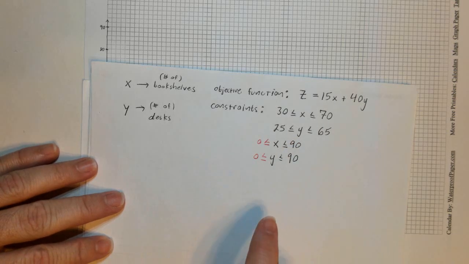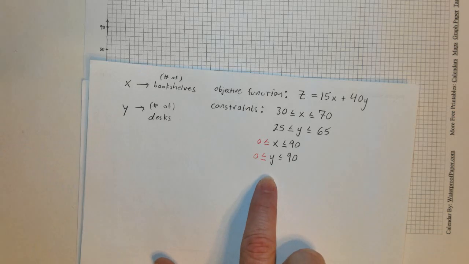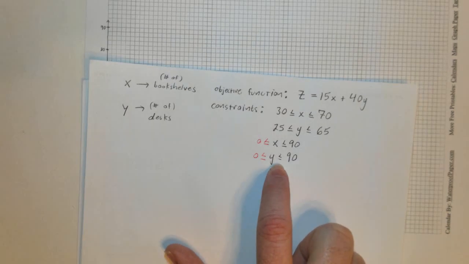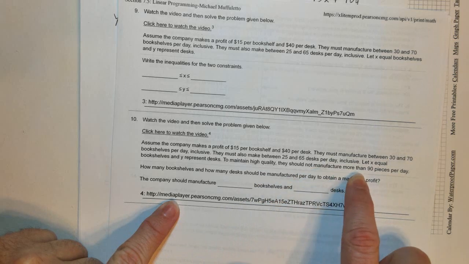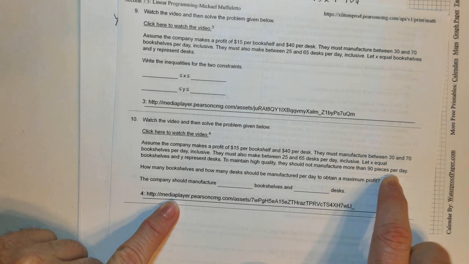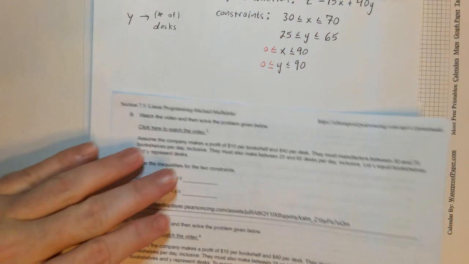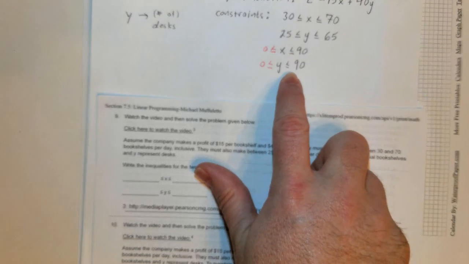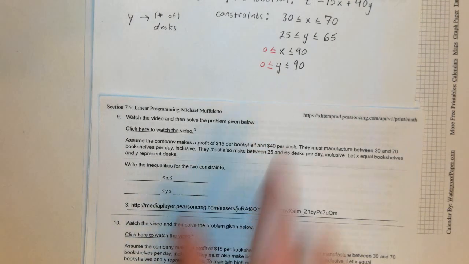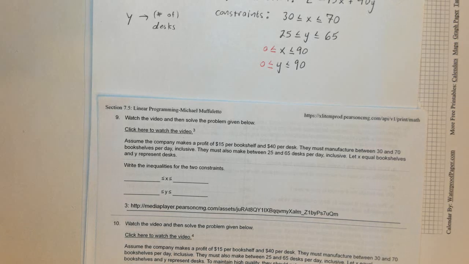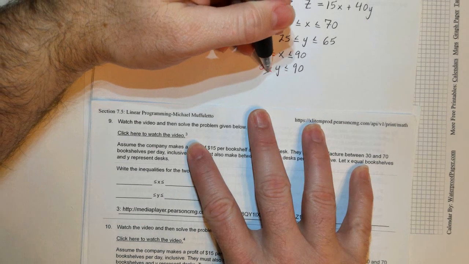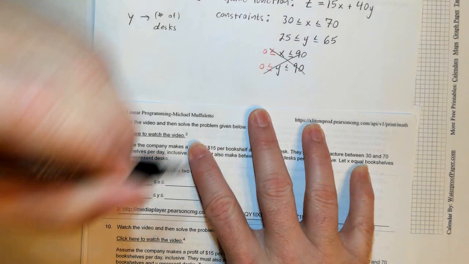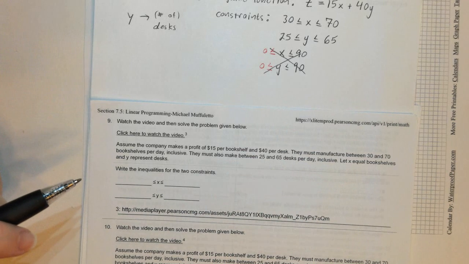Okay, so I believe this needs to be fixed. Here we go, look. To maintain high quality, they should not manufacture more than 90 pieces. So I need to modify this. I could have one bookshelf and 89 desks. So really, let's fix that. I could have 2 bookshelves and 88 desks.